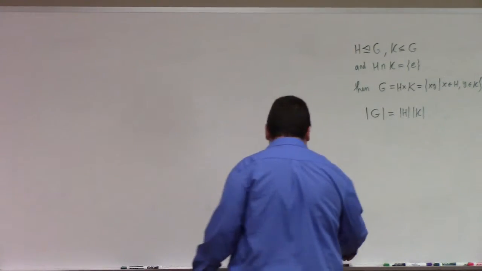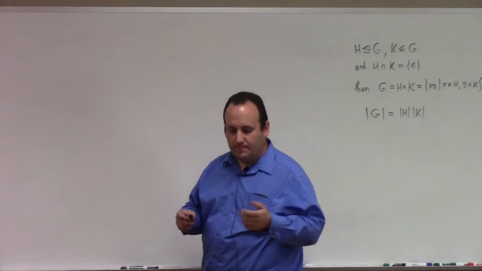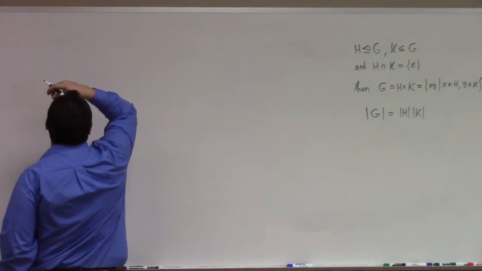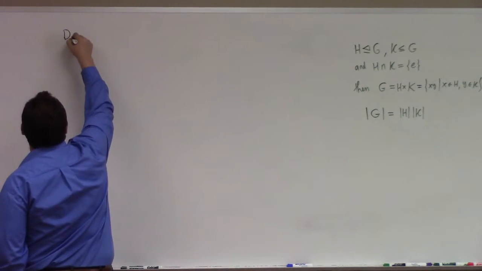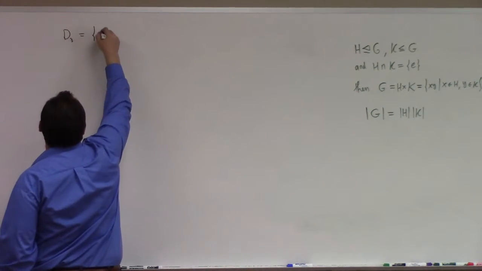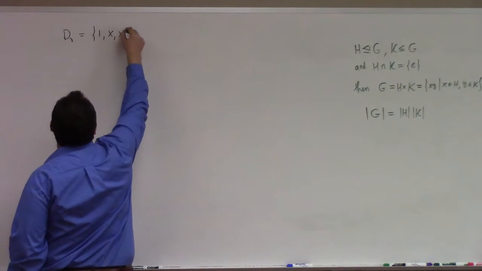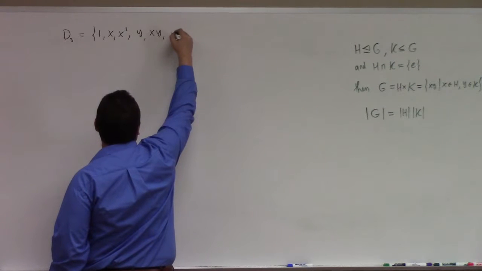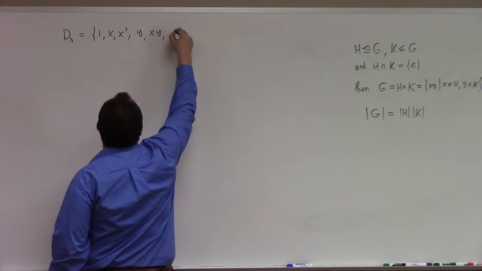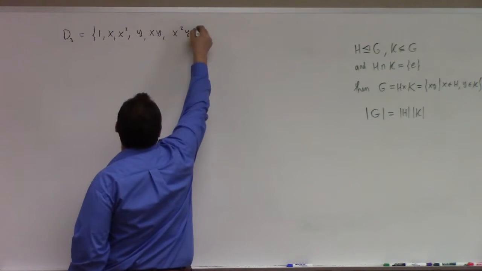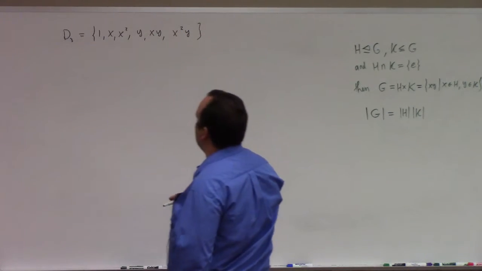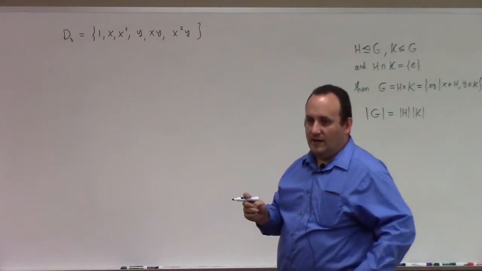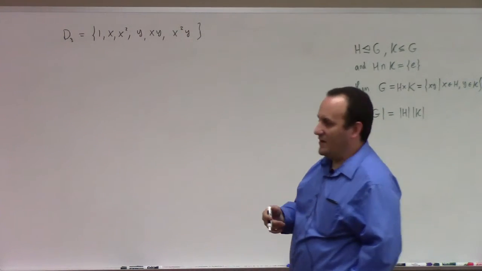I was thinking. Okay, so suppose we look at, let's say, D3 equal to 1, x, x squared, y, xy, x squared y. I wanted to look at the left multiplications for a second. I want to show you kind of a weird idea.